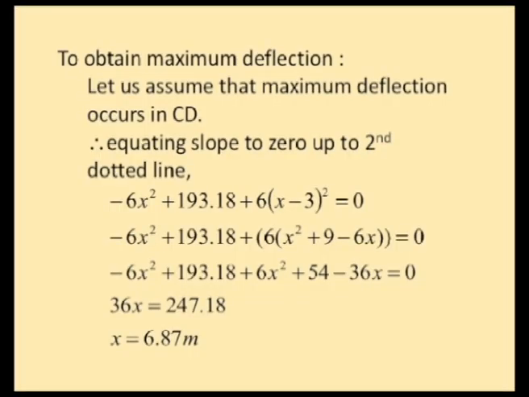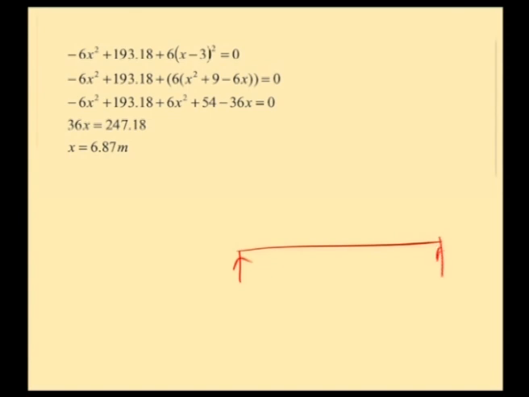To obtain the maximum deflection, we need to assume where the maximum deflection lies, as we had assumed in the case of a simply supported beam with non central load, which is example 2 which we have discussed earlier. So, this is portion A, B, C, D, or point A, B, C and D. The beam will deflect like this.